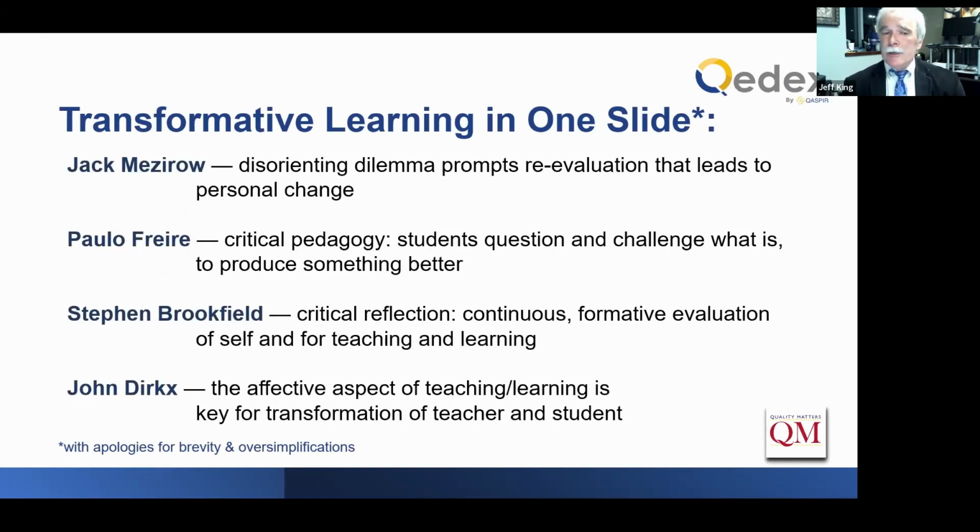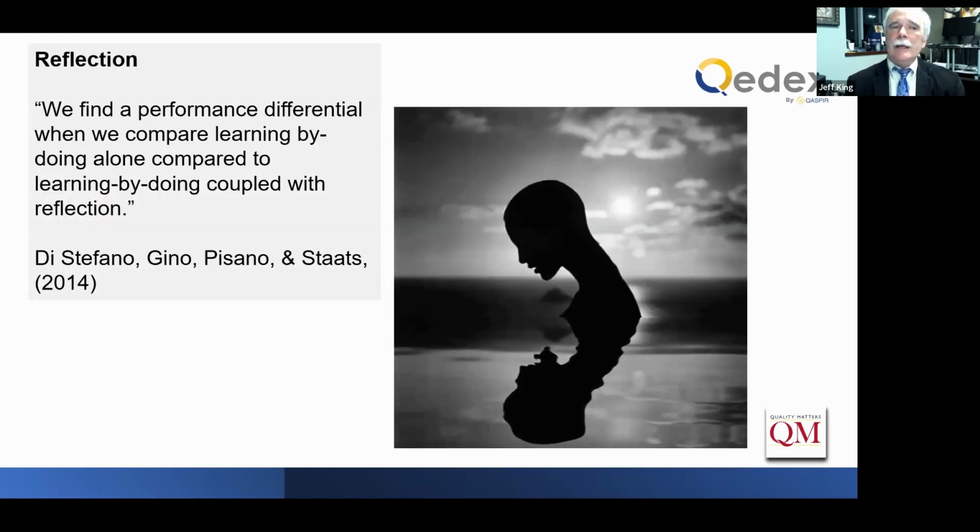So with apologies for brevity and oversimplification, these are some of the major theorists in transformative learning. I won't call them out, but I do want to show the slide to make the point. This is a researched way to teach students that began in the mid-1970s, and it has a very rich history of success in adult education, in higher education, and has been proven across many years.